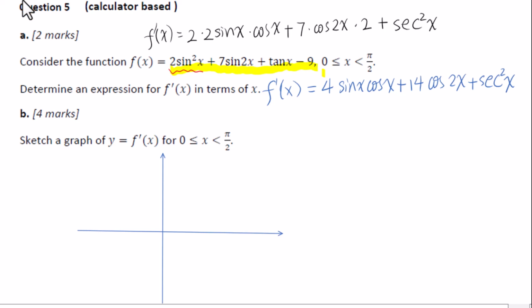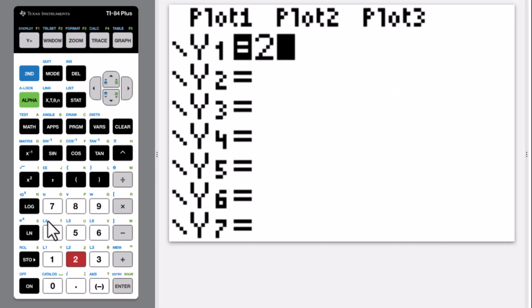For B, sketch a graph of y equals f prime of x for x greater than or equal to 0, less than pi over 2. We go to the graphing calculator.